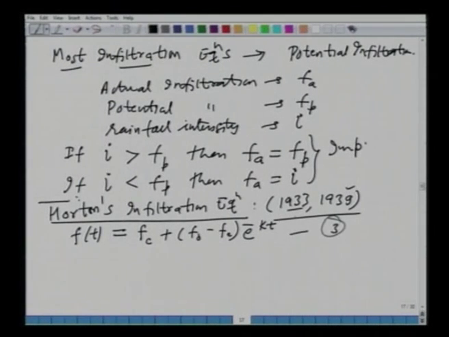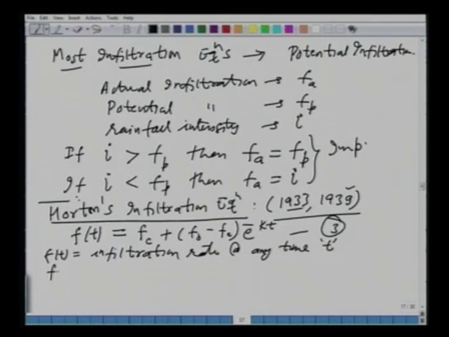I am going to number this equation as 3, where F t is the infiltration rate at any time t. What is F c? It is the long term or steady state constant infiltration rate.